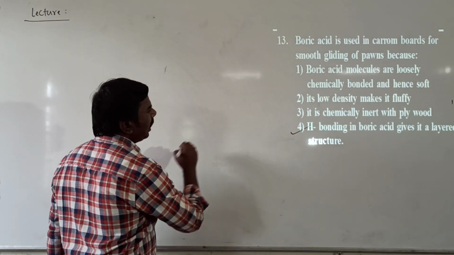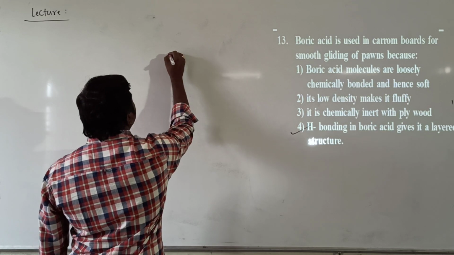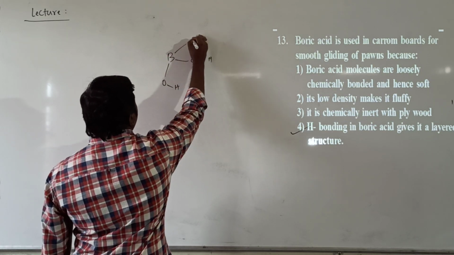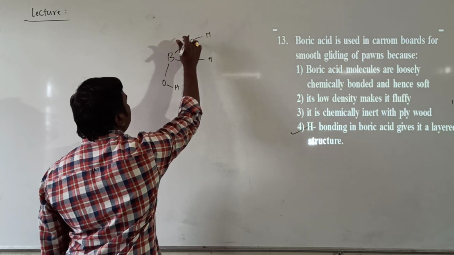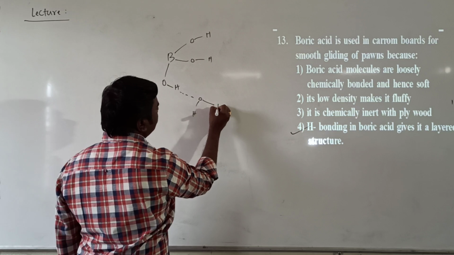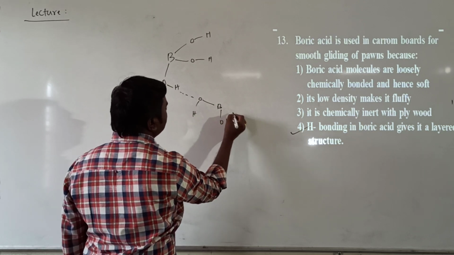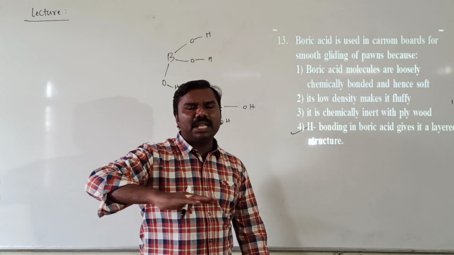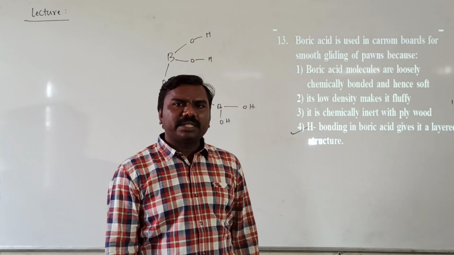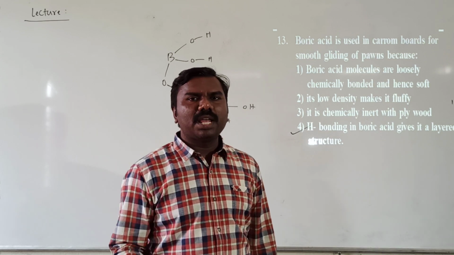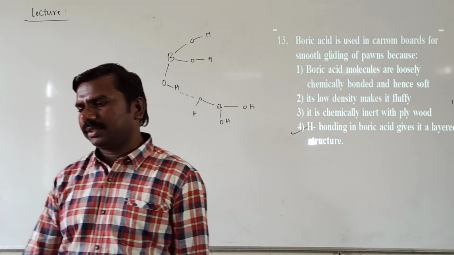Layered structure, hydrogen bonds between the B(OH)3 units. Because of hydrogen bonding, there is a layered structure. That's why boric acid powder is used for smoothness in the carrom board.